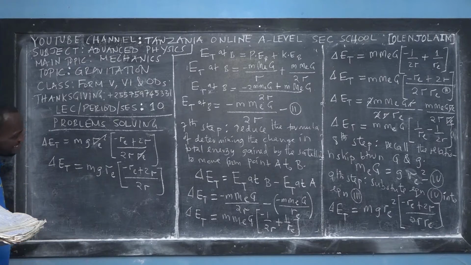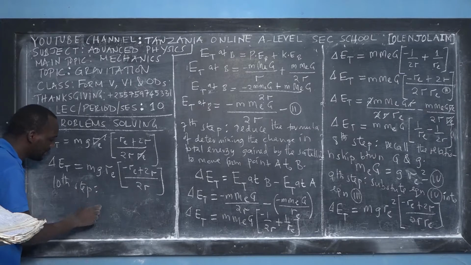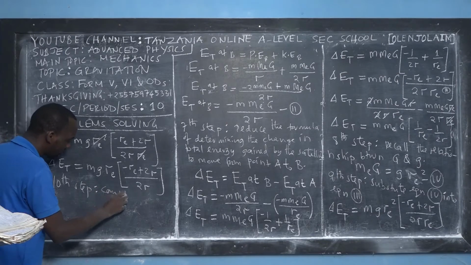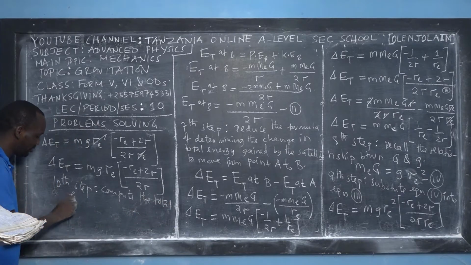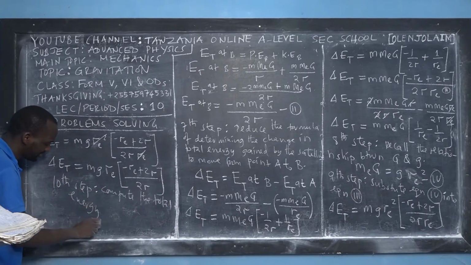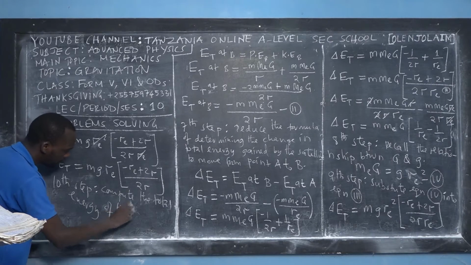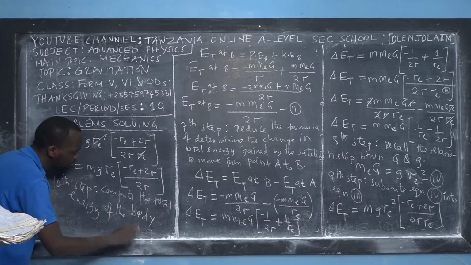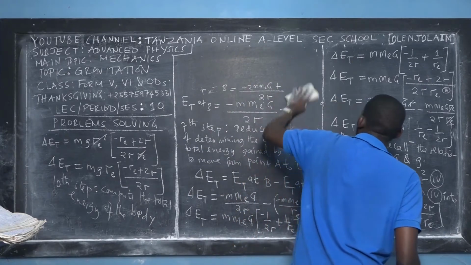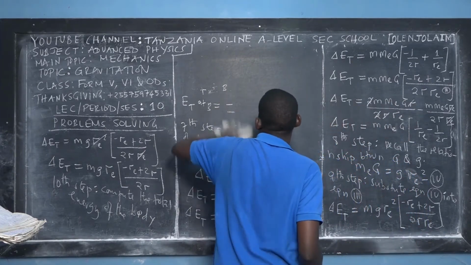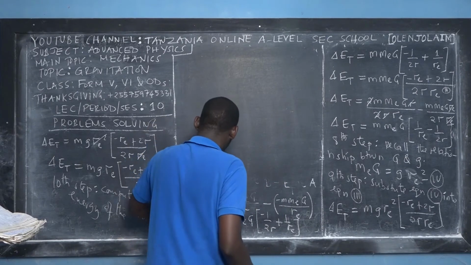So we go to the 10th step. Now let us compute the total energy required by the body, the total gravitational energy.